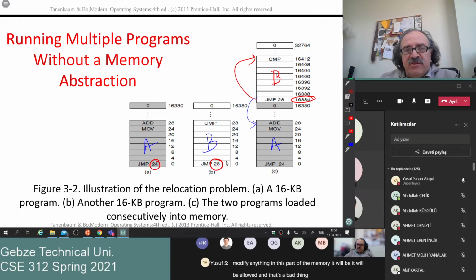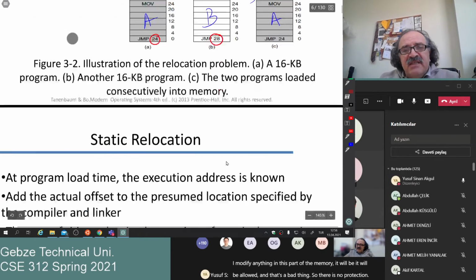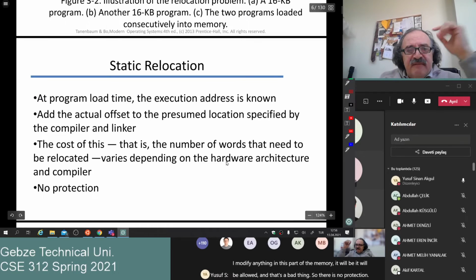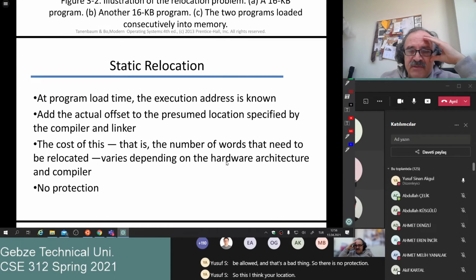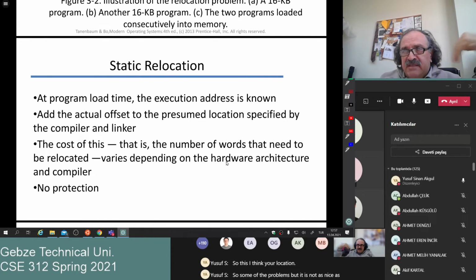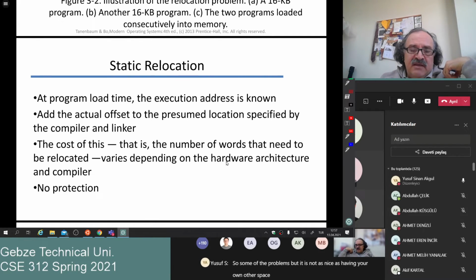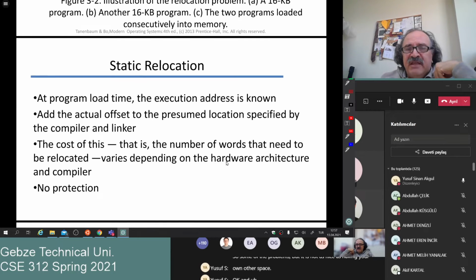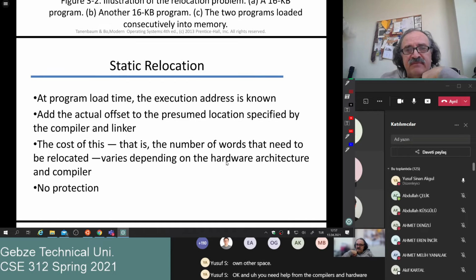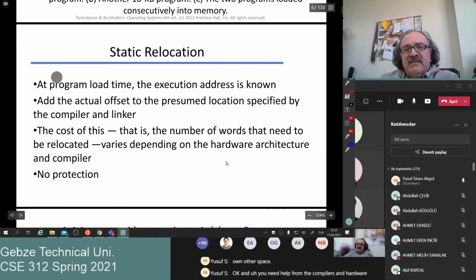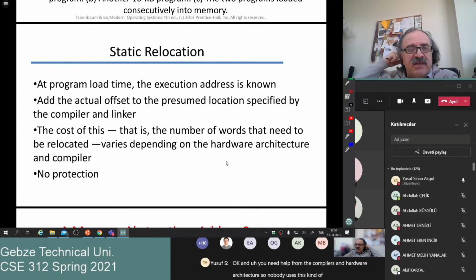So there is no protection. So static relocation solves some of the problems, but it is not as nice as having your own address space. And you need help from the compilers and the hardware architecture. So nobody uses this kind of solution.